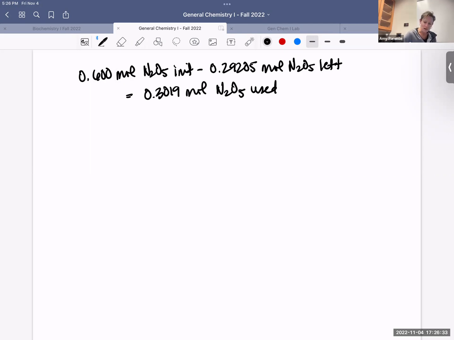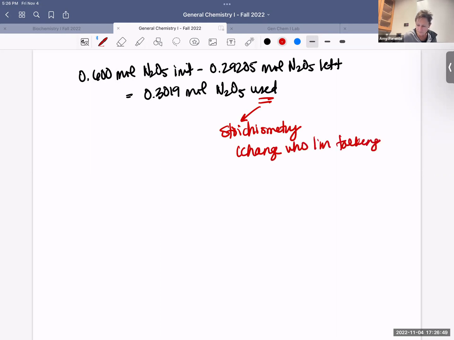This is important because I need to know the amount that was used if I want to do anything with stoichiometry, which allows me to change who I'm talking about. That's an important piece of stoichiometry, changing who I'm talking about.